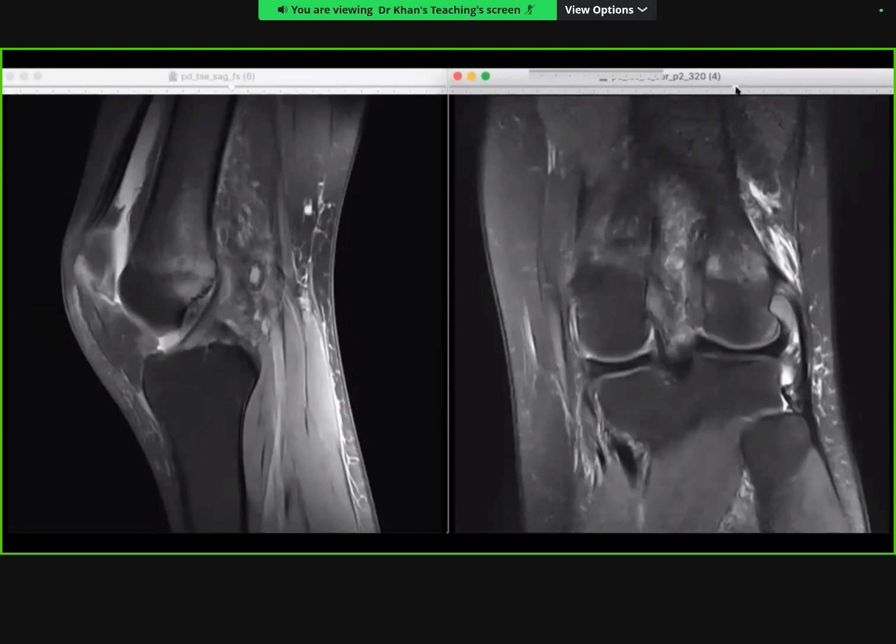Again, there is a cystic structure arising from the lateral knee joint, which I think we already established is a ganglionic cyst, and there was no evidence of a meniscal tear in that region.